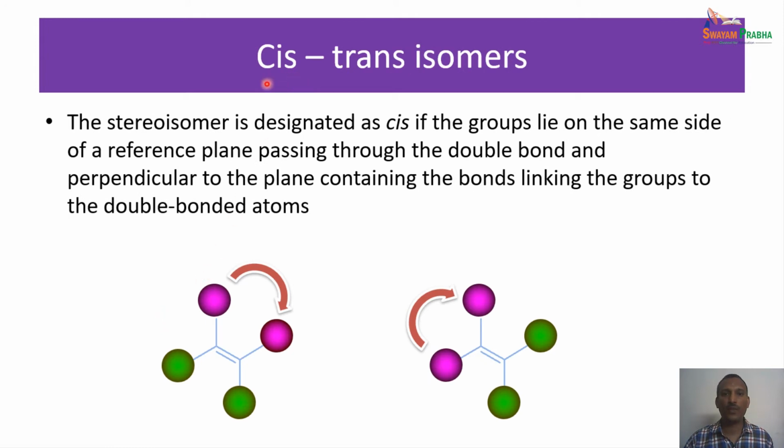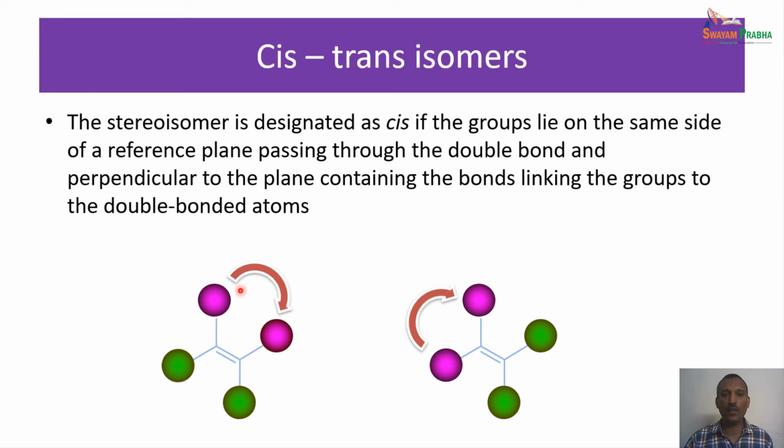Let us first start with the cis-trans isomers. These stereoisomers are given cis configuration if the groups lie on the same side of a reference plane, passing through the double bond and perpendicular to the plane containing the bonds linking the groups of the double bond atoms. So we have two arrangements as shown here.